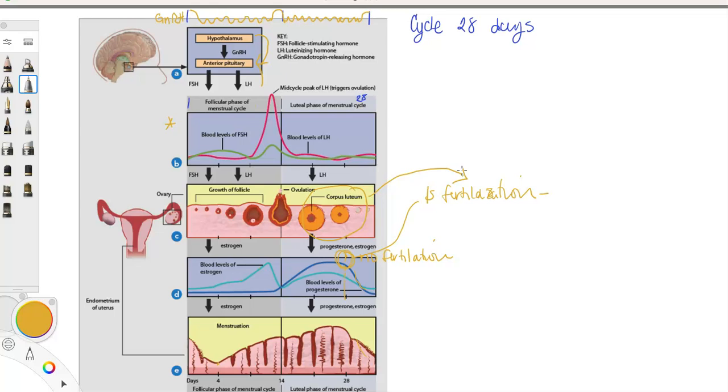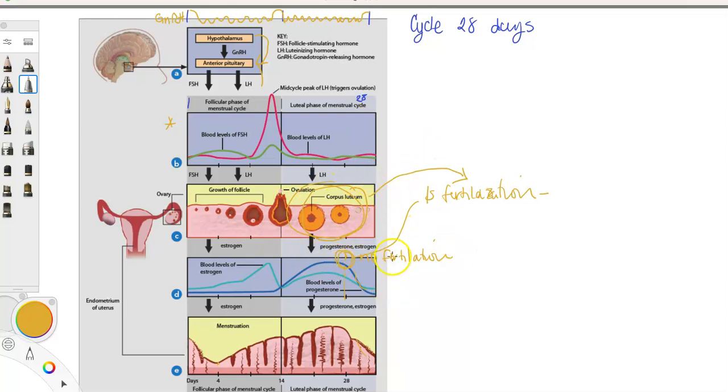Okay, and then once the placenta takes over, so it makes implantation, makes this placenta, and once that takes over, then the corpus luteum basically goes away. It basically shrivels up.